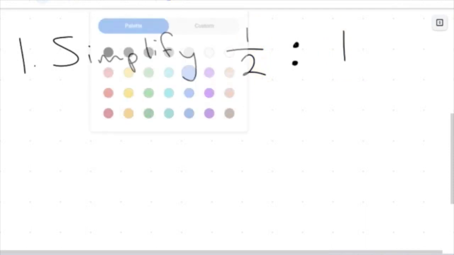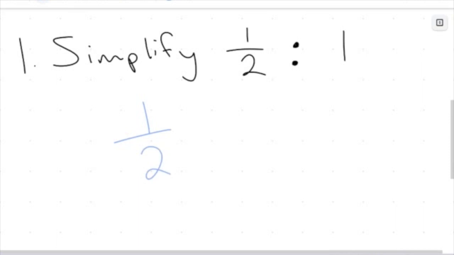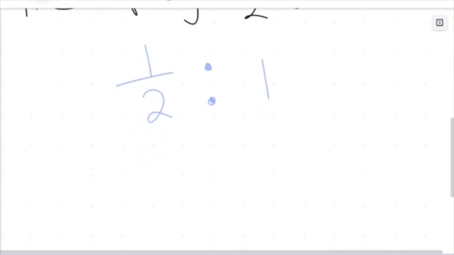Well, I'm going to first write out my ratio again down here: 1/2 to 1. So for each half here, I have 1 here. When we talk about ratios, we don't like dealing with fractions. We like to get ratios to the smallest possible whole numbers.